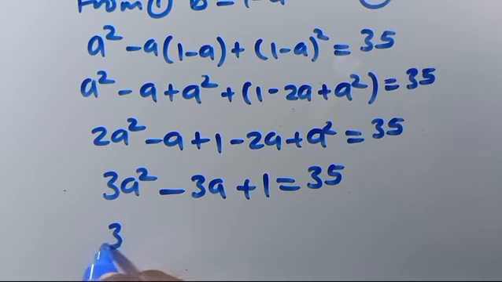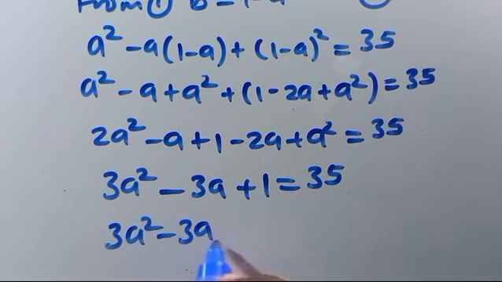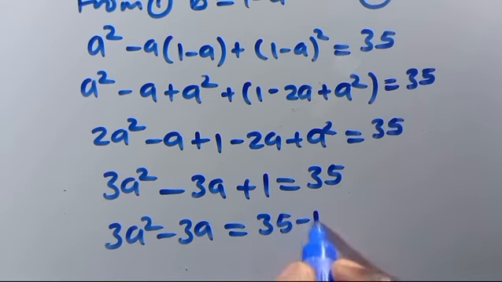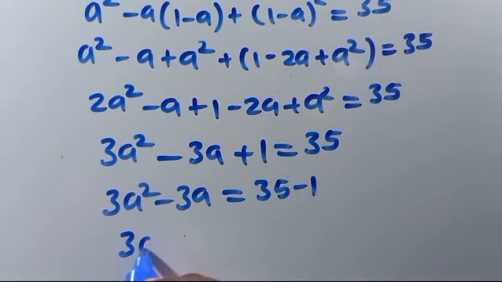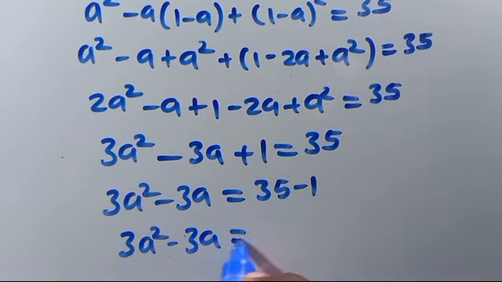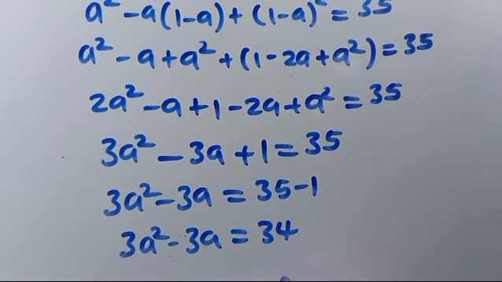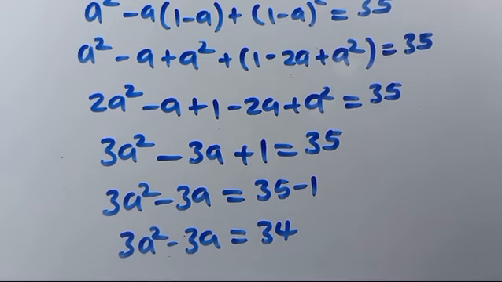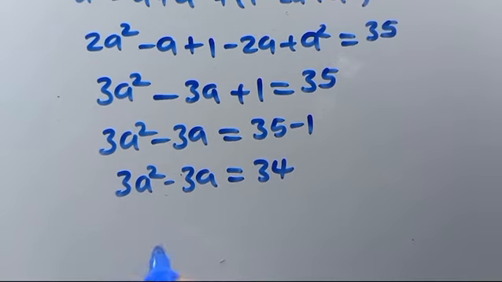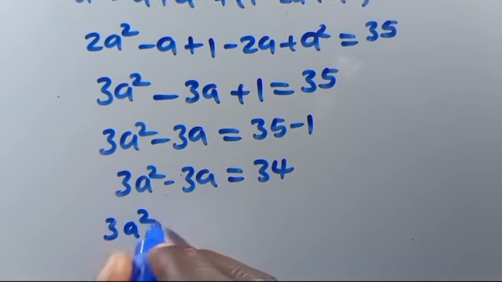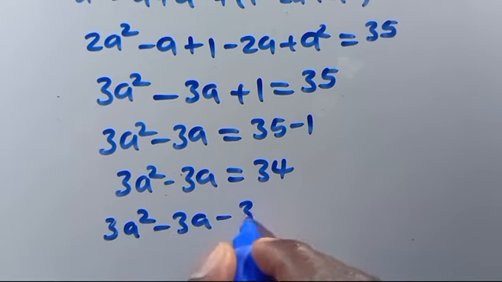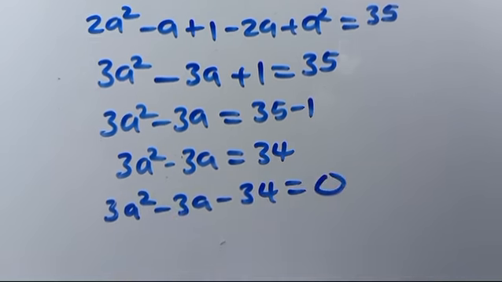Then we have 3a squared minus 3a equals 35 minus 1. Then this will be 3a squared minus 3a equals 34. So from here we have 3a squared minus 3a minus 34 equals 0.